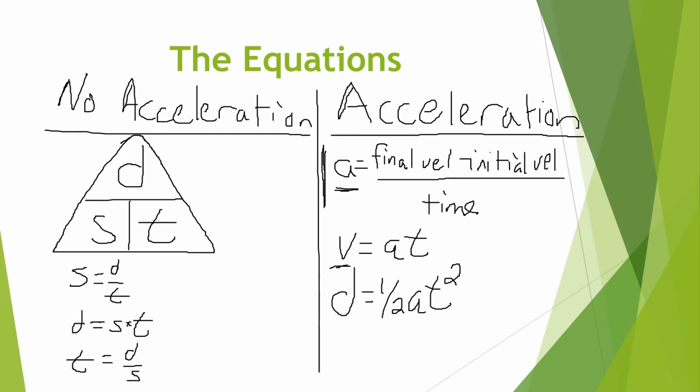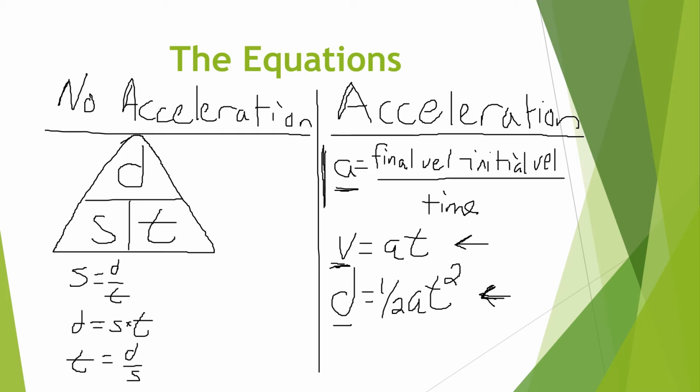That'll be later in the year, not yet. But these 2 equations could be algebraically manipulated to solve for any of the 3 variables in them. You can use this first one to solve for velocity, of course, but if you have 2 of the 3 variables, you could solve for the missing one. So you could use this equation to solve for acceleration or time. You can use this equation down here to solve for distance, of course, but you could also use it to solve for acceleration and time.